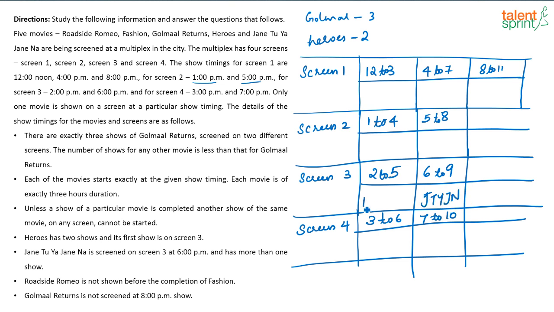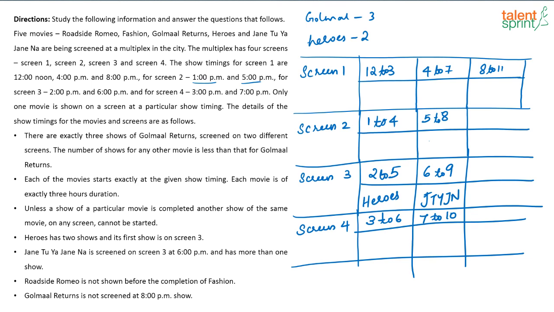So where is Heroes? Heroes is here, because it is given very clearly that the first show is on screen 3. So when will the second show of Heroes be? After 5 o'clock. It can be in screen 4, screen 2 or screen 1, anywhere, but after 5 o'clock. The first show is 2 to 5 and it is happening in screen 3.